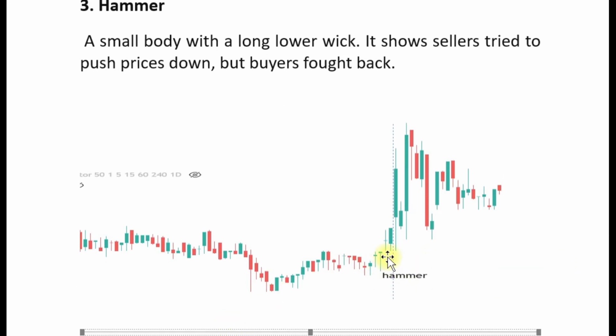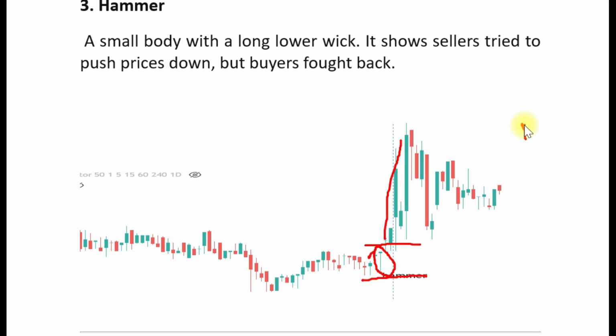See, this is a hammer pattern. It is formed in a downtrend. In a downtrend, if a hammer pattern is formed, then you can take a buy position, the stop loss will be the low of the candle and the target will be 1:2.